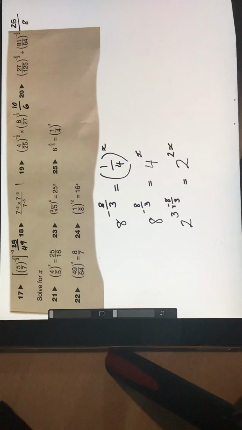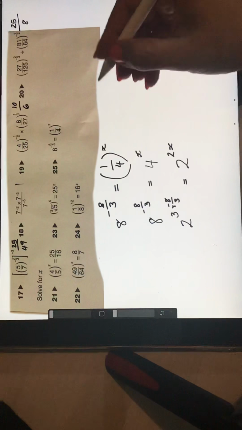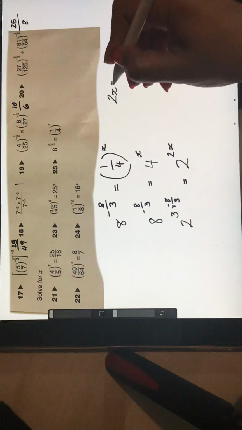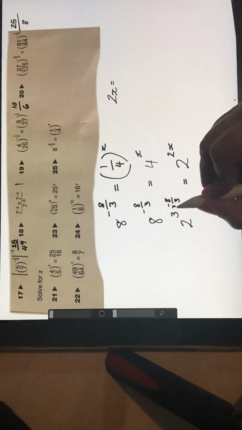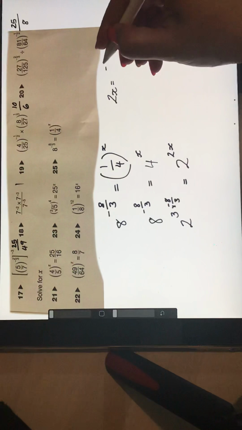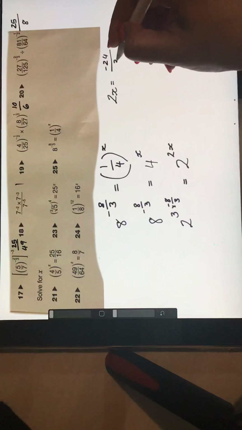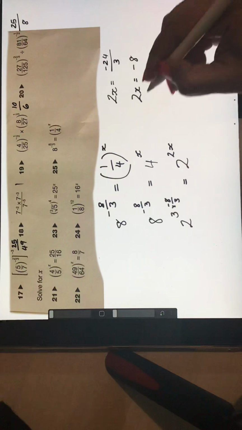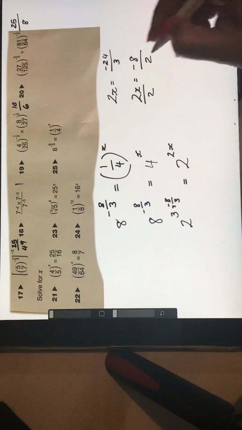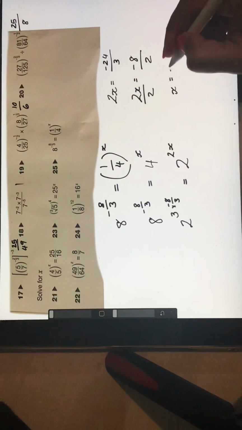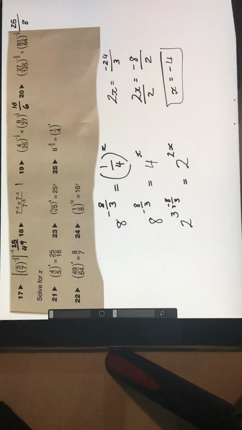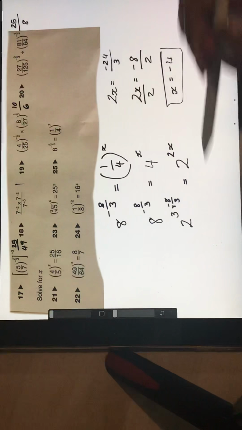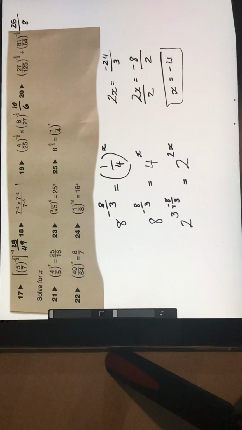Because our base numbers are the same, I can disregard them momentarily and therefore say 2x is equal to 3 times negative 8, which is negative 24 over 3. So 2x is equal to negative 8. I divide both sides with 2, and my answer is x is equal to negative 4. That is the answer for number 25. And this is a typical GCSE exam question.